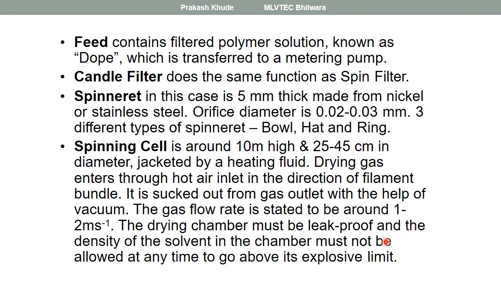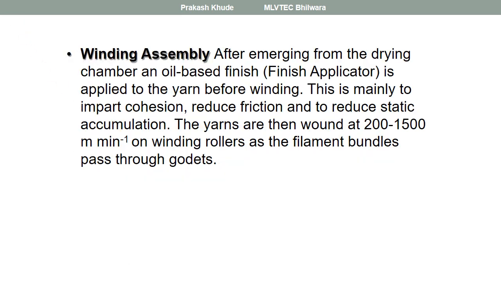The drying chamber should be leak proof, and the concentration of solvent in the chamber must not at any time be allowed to go above the explosive limit, because we apply hot air. That needs to be taken care of in these systems. The next is your winding assembly.